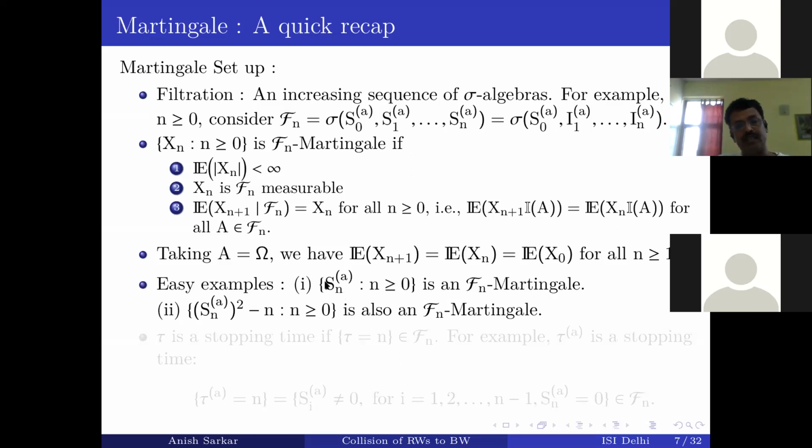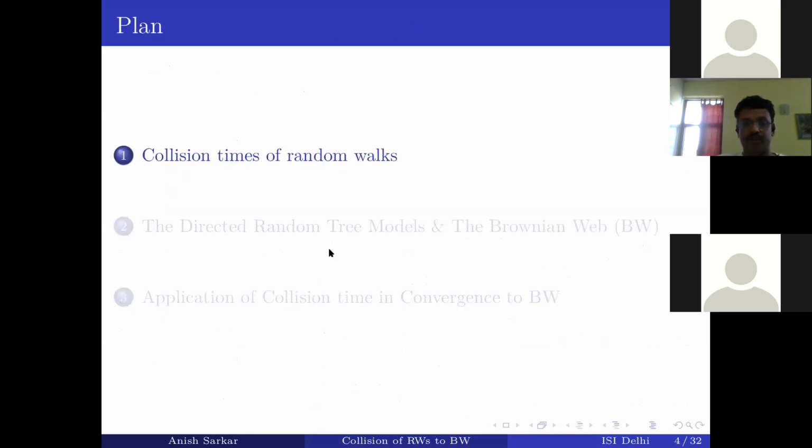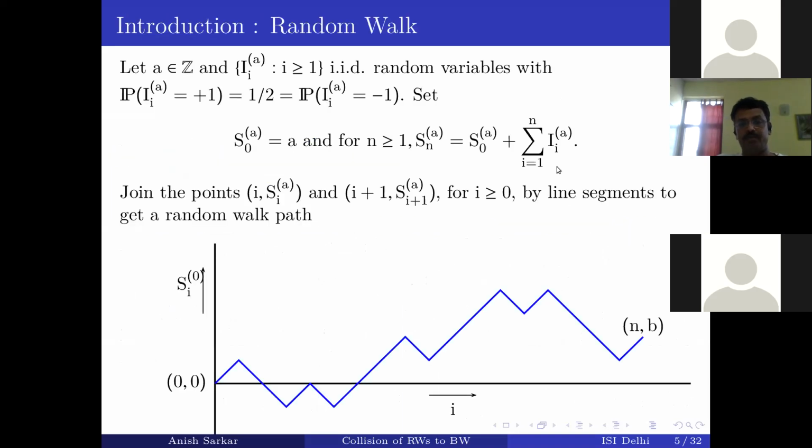And let's quickly see an example. Sn is the random walk that we are talking about. If I know up to the nth step, what would be the value at step n plus 1?